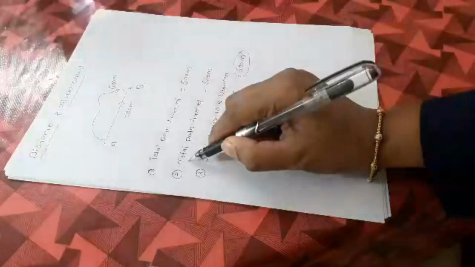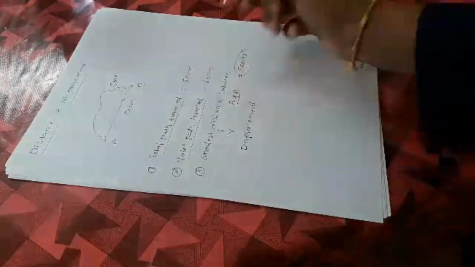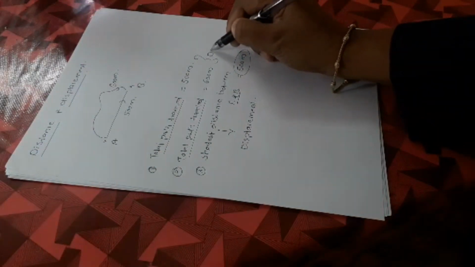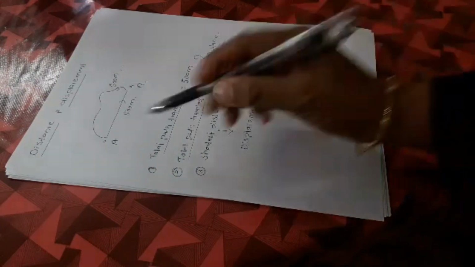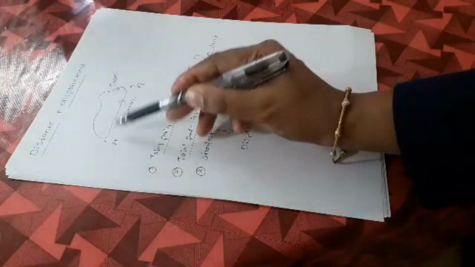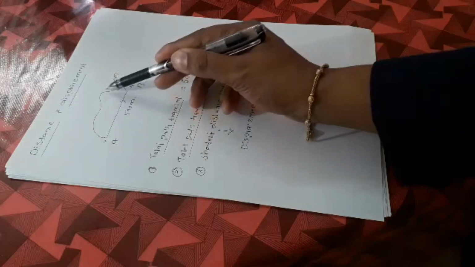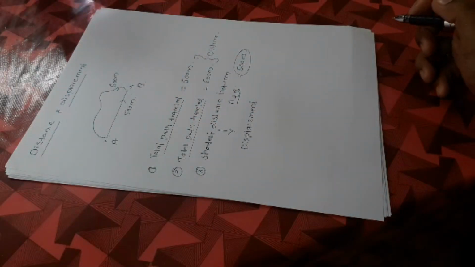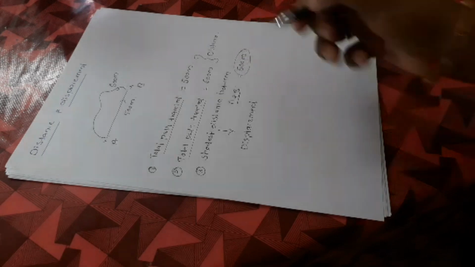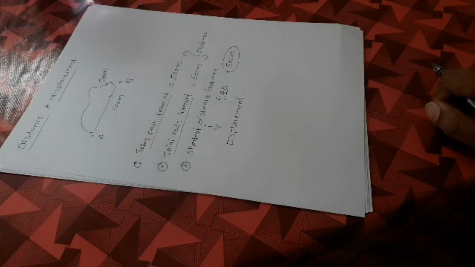And the total path traveled, we are calling distance. The shortest distance between the 2 points is displacement, and the total path traveled by the person is distance. And in one case, the distance and displacement will be equal.